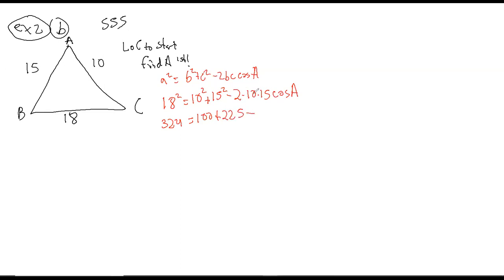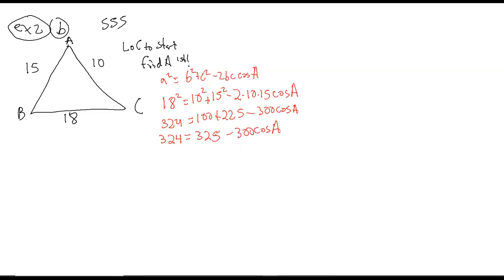Minus 2 times 10 is 20. 20 times 15 is 300. So that's cosine A. The 100 plus the 225 is going to give us 325. Then minus the 300 cosine of angle A.